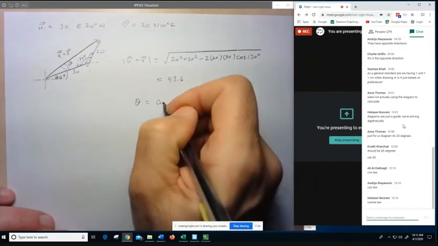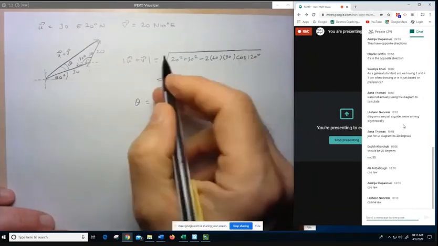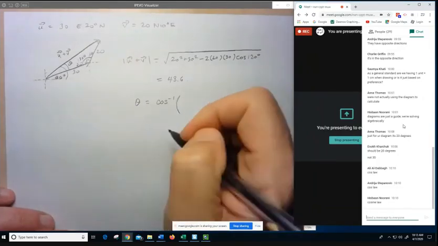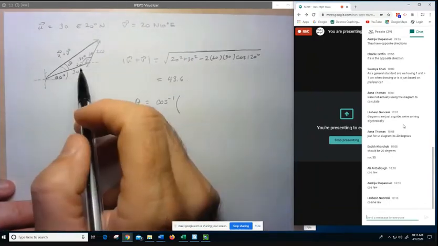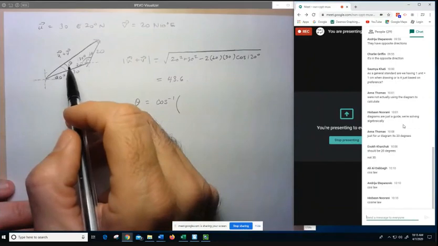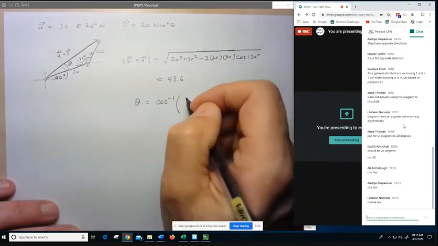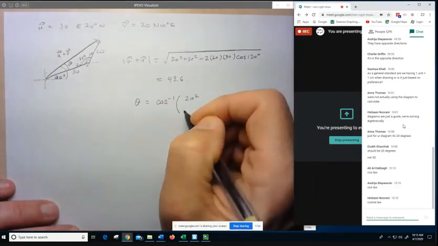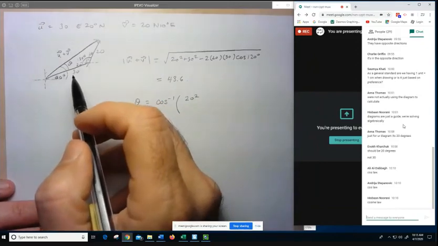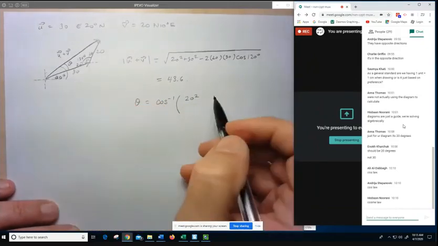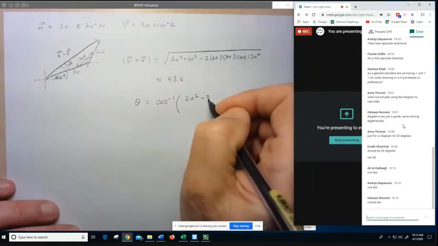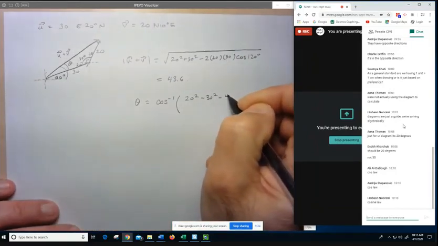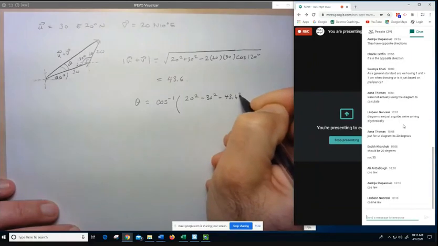So it's going to be cos inverse. I'm just going backwards on my cosine law. So cos inverse of, well, what am I going to have? This is the angle I'm looking for, so this is the opposite side, 20 squared. And then, thinking about the cosine law, I'd bring the other two sides to the other side of the equation: minus 30 squared minus 43.6 squared.